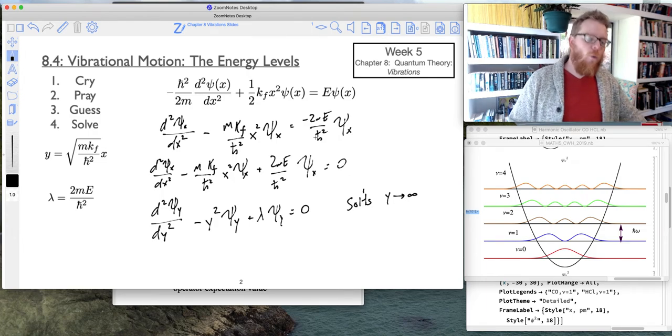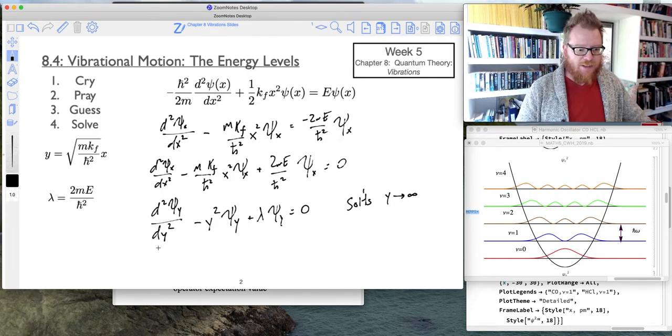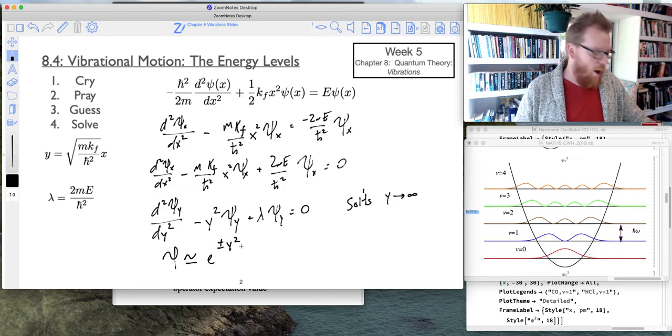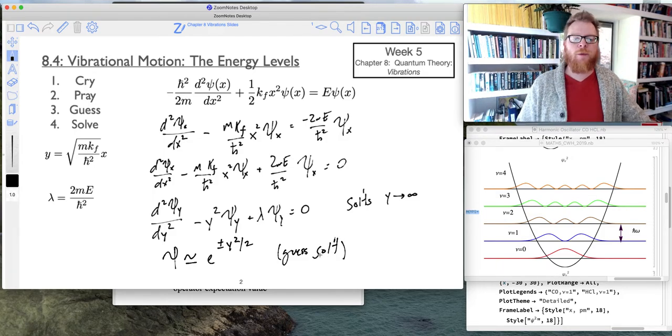So what that means is our guess solution is slightly different from the guess solutions we've made before. I'm going to write this as proportional to, or approximately equal to, e to the plus or minus y squared divided by 2. This becomes our guess solution, and it's the standard procedure in solving the harmonic oscillator problem.